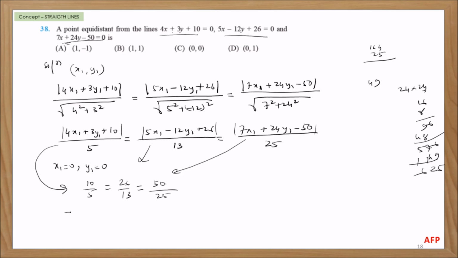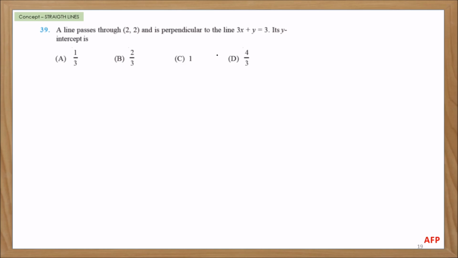So this is nothing but 2, 2, 2. All the distances are the same. So x1 y1 must be 0 comma 0. So 0 comma 0 is the answer. Next, if a line passes through the point, find the y-intercept. Very simple and simplified concept.